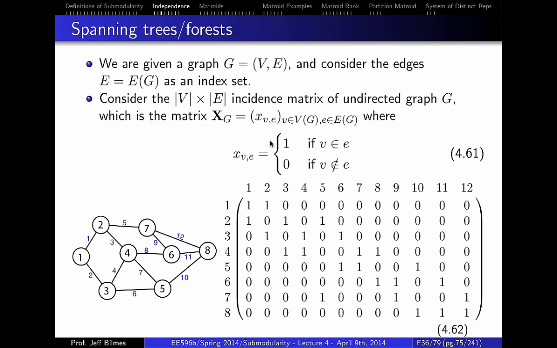Basically, there's a 1 in a particular row and column depending on the edge structure. For example, let's take edge number 6. It has a 1 in row 3 and row 5, so edge 6 is connecting vertices 3 and 5. So it's just basically an incidence matrix.